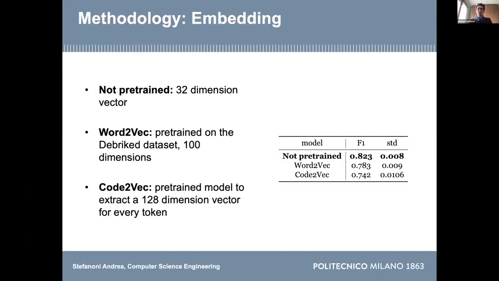So we started the methodology by testing 3 different types of embeddings. The first one is a randomly initialized 32-dimensional vector. The second one is word2vec trained on the whole Debricked dataset with 100 dimensions.